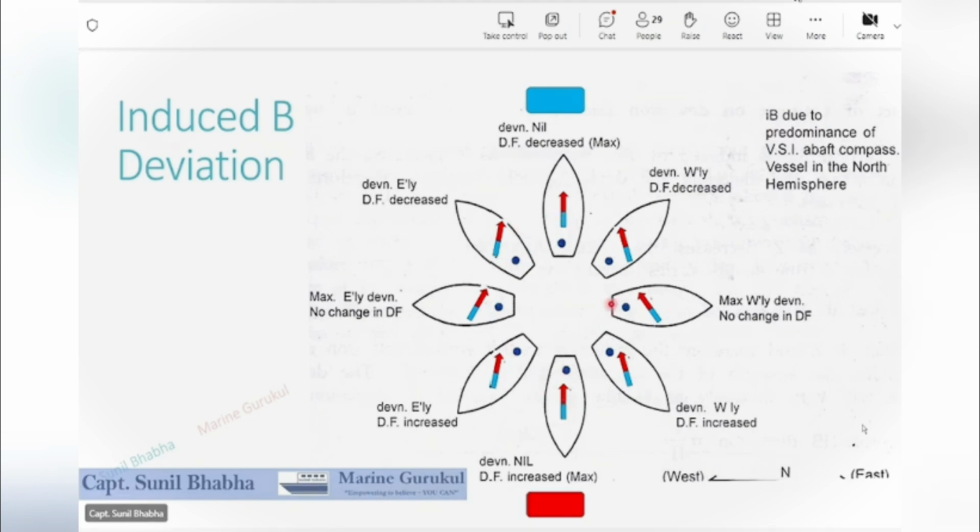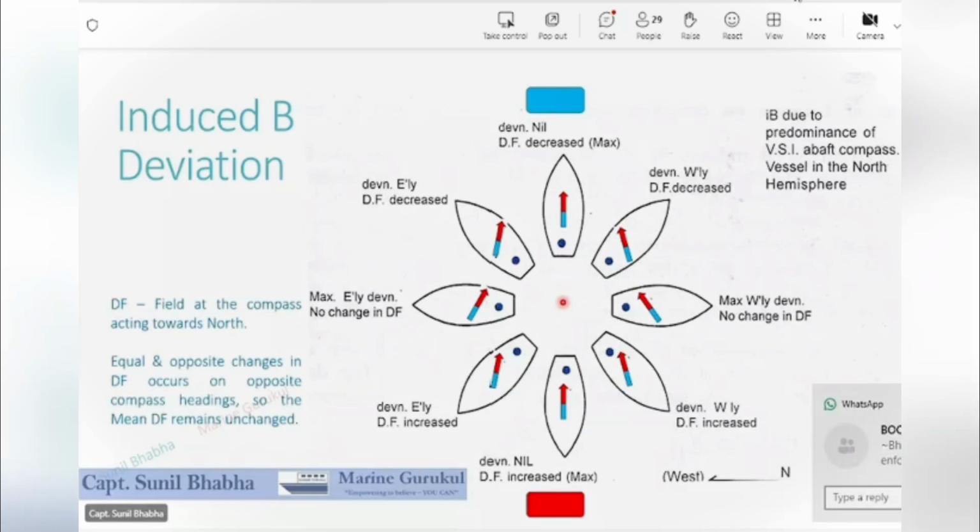Maximum deviation is generated on easterly and westerly courses, and zero deviation is generated on northerly and southerly courses. So you can see it is proportional to the sine of the compass course. Sine 90 or sine 270 has a magnitude of 1, and sine 0 and sine 180 are 0. So it is proportional to the sine of the compass course.